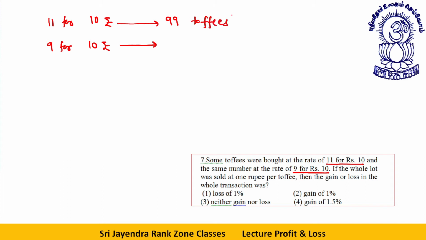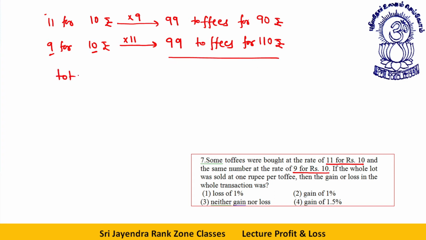That way 99 toffees were purchased for, I have multiplied this by 9, I'll multiply this by 9. 99 toffees here also for, I multiply this by 11. If you multiply this by 11, you get 110 rupees.